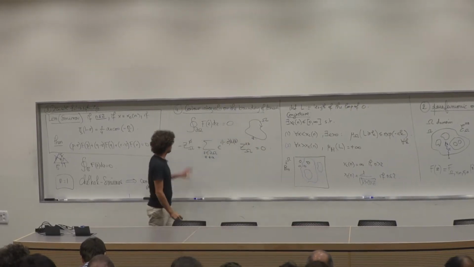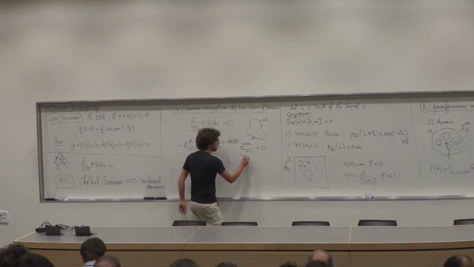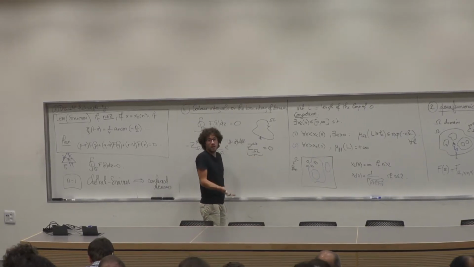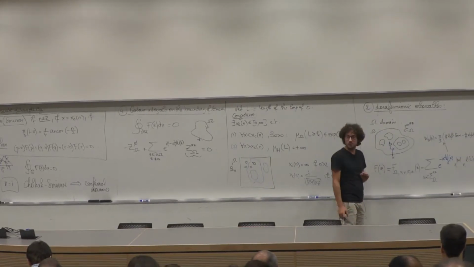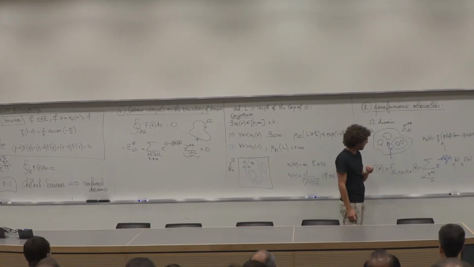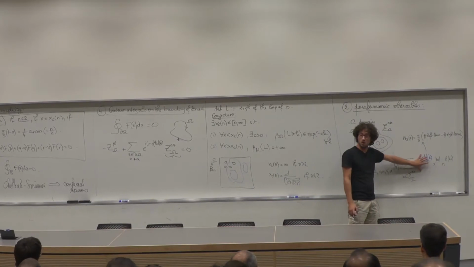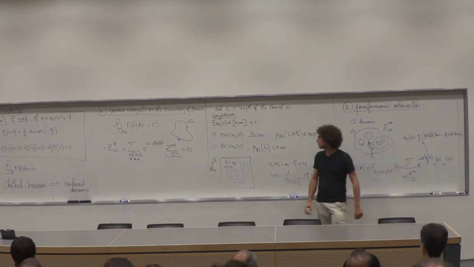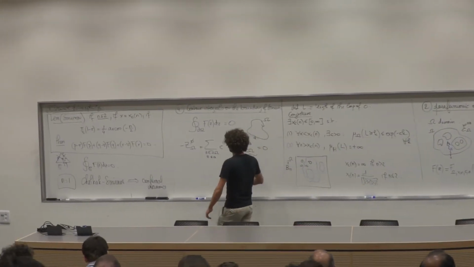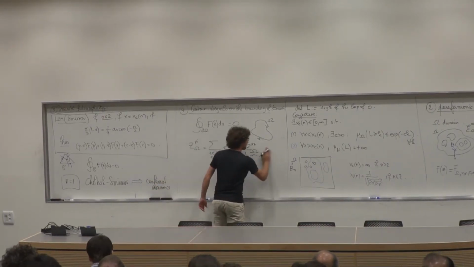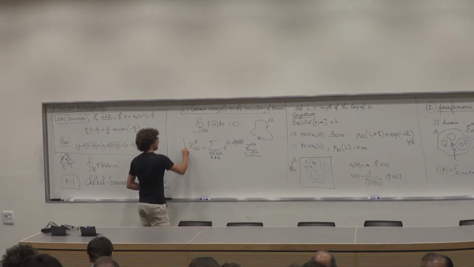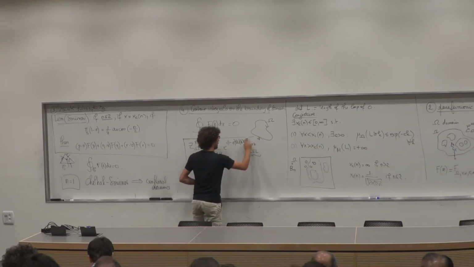You get that this plus this is equal to 0, where this is the partition function on any loop configuration with a path from A to Z. But the important thing here is that there is no winding term anymore in this partition function. So let's maybe rewrite it like that. This is equal to this. Okay, that is really the observation I want to make.